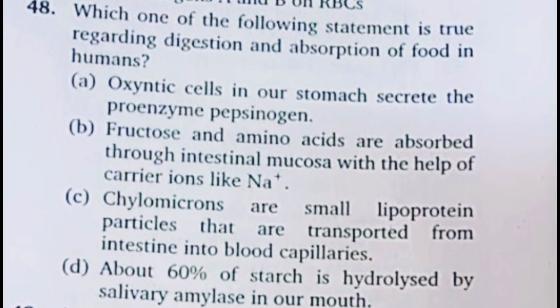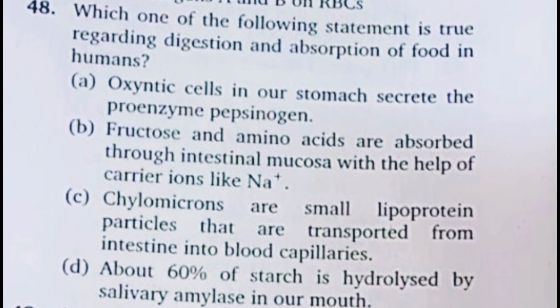The next one, which one of the following statements is true regarding digestion and absorption of food in humans? The options are: oxyntic cells in our stomach secrete the proenzyme pepsinogen; fructose and amino acid are absorbed through intestinal mucosa with the help of carrier ion like sodium; chylomicrons are small lipoprotein particles that are transported from intestine into the blood capillaries; about 60% of starch is hydrolyzed by salivary amylase in our mouth.